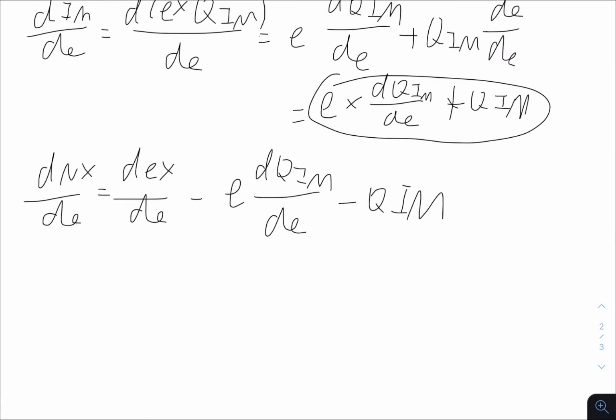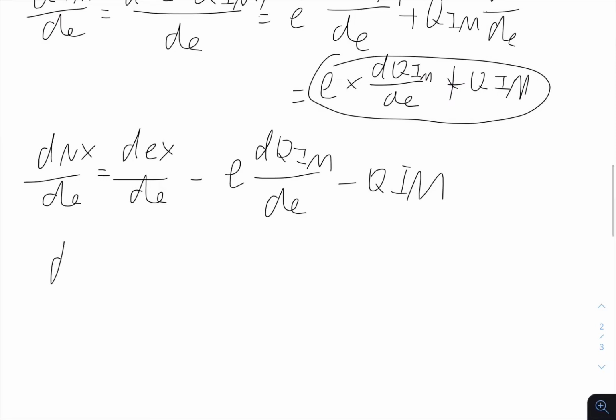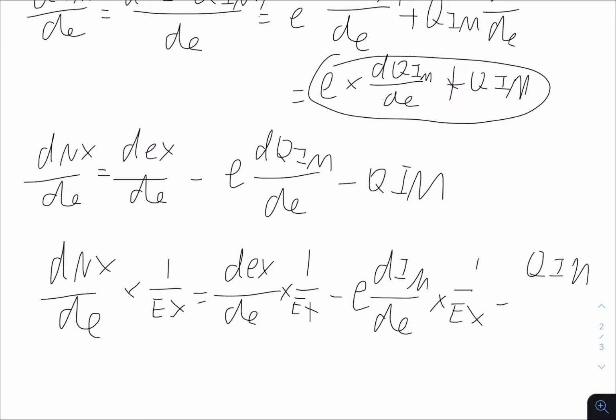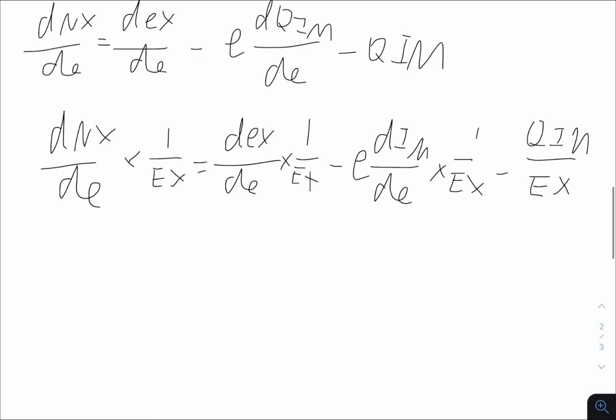And we divide this equation by export. We all know that in equilibrium, the net export equals 0 and export equals import, which also equals the exchange rate times the quantity of import.